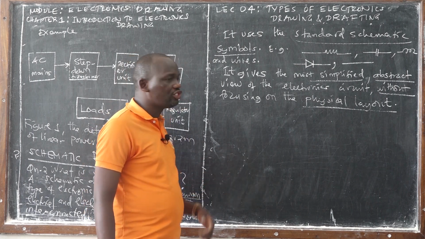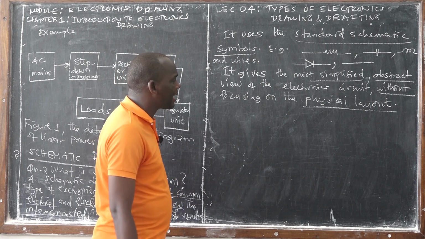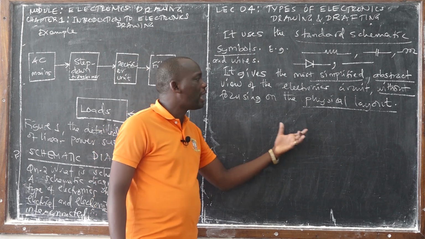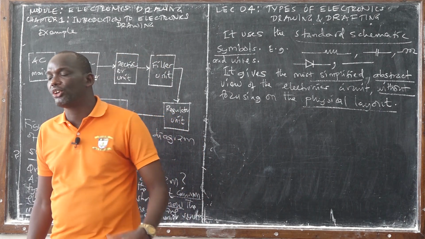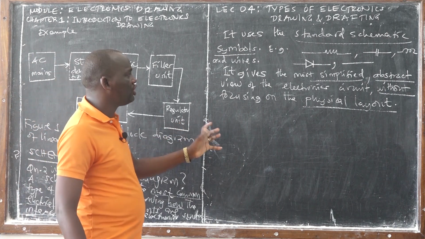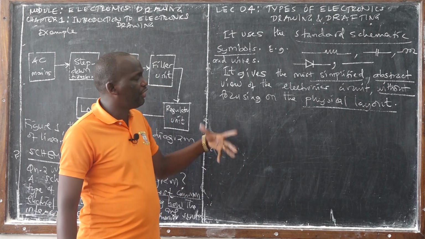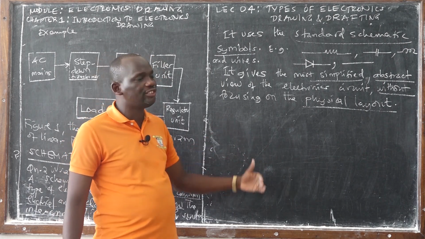But one of the limitations of, hello, I'm talking to you. One of the limitations of schematic diagrams is that it does not talk about physical layout. Say physical layout. It doesn't give you any detail about physical layout. It just gives you the detail about how the system works at an abstract level, in a way of thinking, not in the way of how you can implement it.